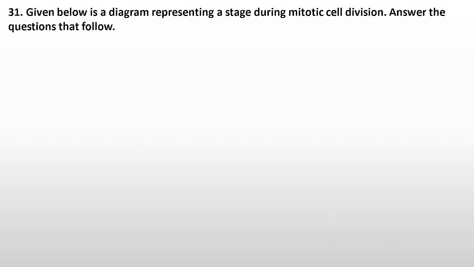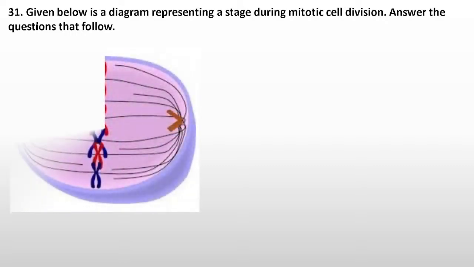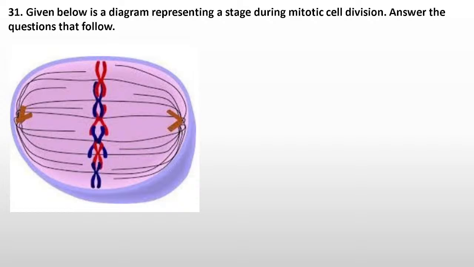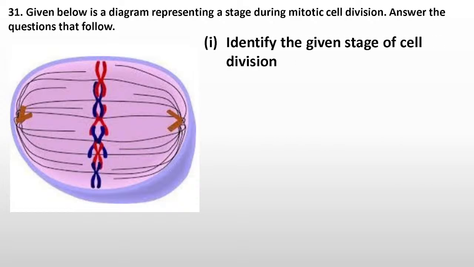Okay, going ahead to question number 31. Given below is a diagram representing a stage during mitotic cell division. Answer the questions that follow. First question based on it is, identify the given stage of cell division.